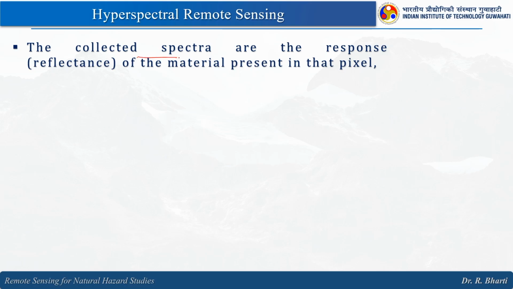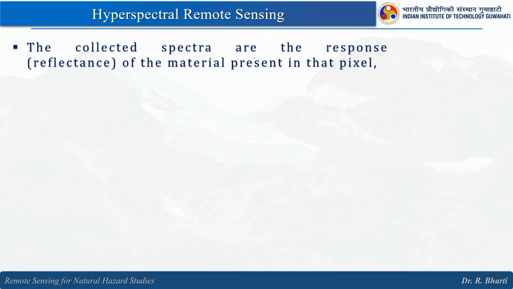The collected spectra are the response of the material present in that particular pixel. I hope you learned how a particular characteristic absorption feature is produced by the material. It is basically because of the electronic and vibrational processes.